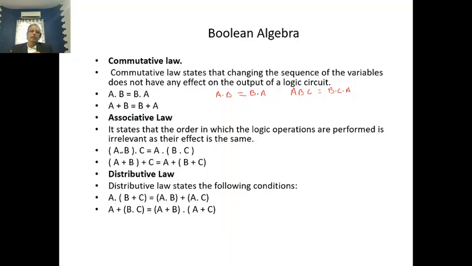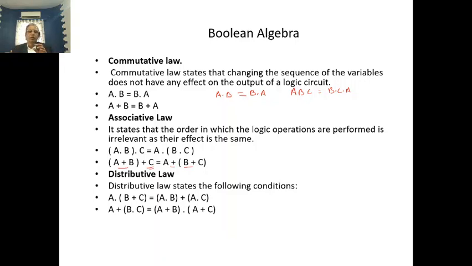For the first case, A dot B is performed first, ANDing, and the result is again ANDed with C. Instead, if we perform the ANDing of B and C first and AND this with A, the result remains the same. The order does not affect the output. Similarly for A plus B plus C, whichever operation is first or second, the result remains the same.